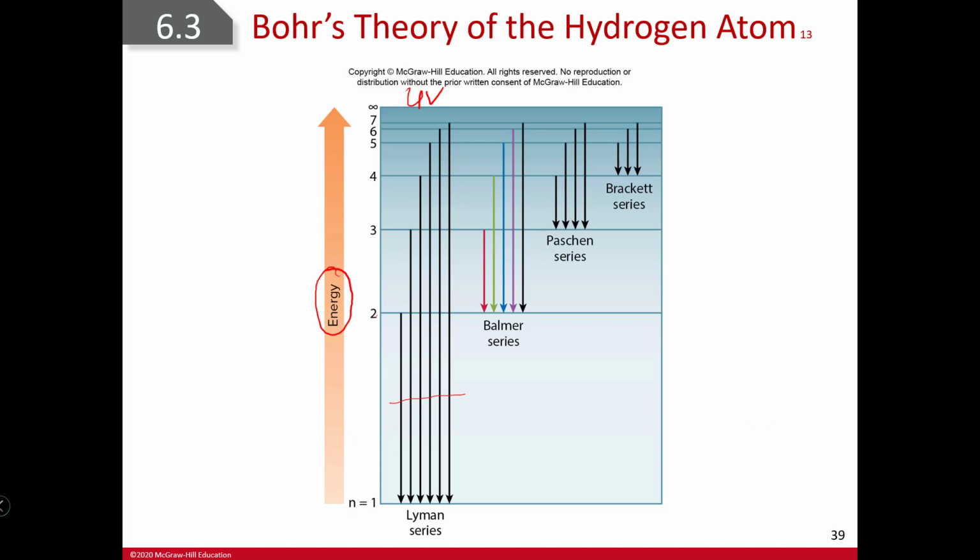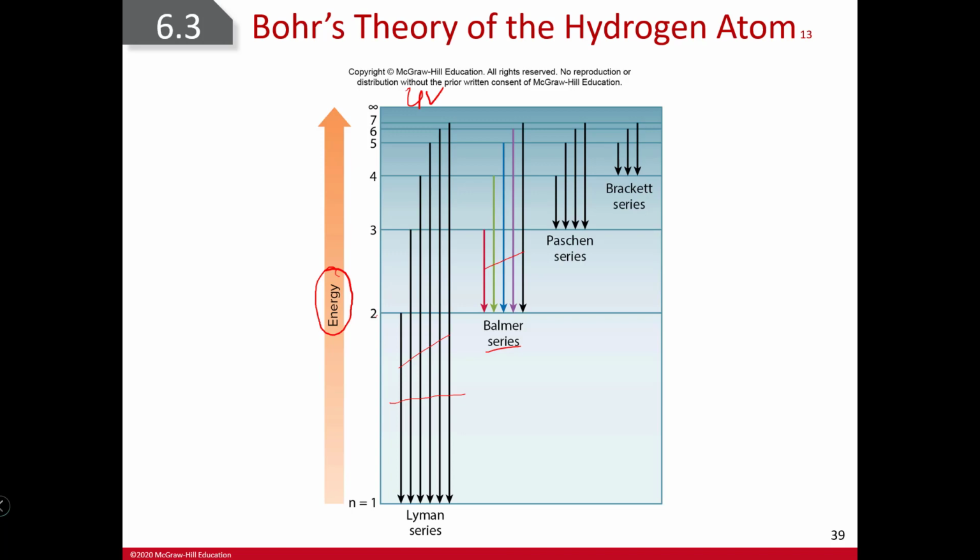Now, in the second series, the electrons are falling from higher energy levels, but they end at n equals 2. Notice all of these transitions are correspondingly shorter than these transitions. Because the energy difference is less, we get less energy, lower frequency in the visible region, longer wavelengths.